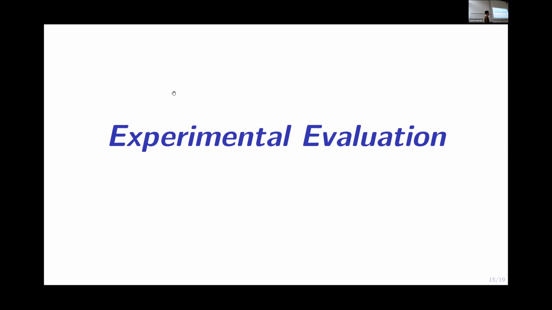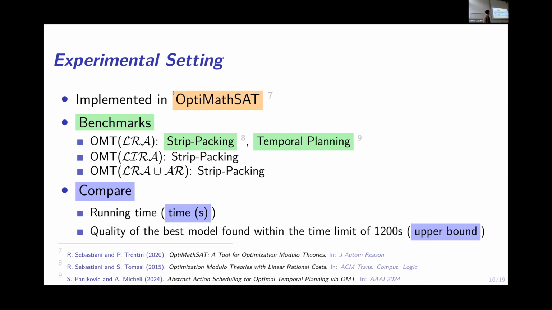So let's look at some experimental results. We implemented this in the Optimathsat OMT solver and evaluated it on two different sets of benchmarks. So for rational arithmetic, we have strip packing benchmarks and temporal planning benchmarks. We also modified the strip packing benchmarks with mixed integer and rational encoding, and also to show that this works also with combination of theories, combining rational arithmetic with arrays.